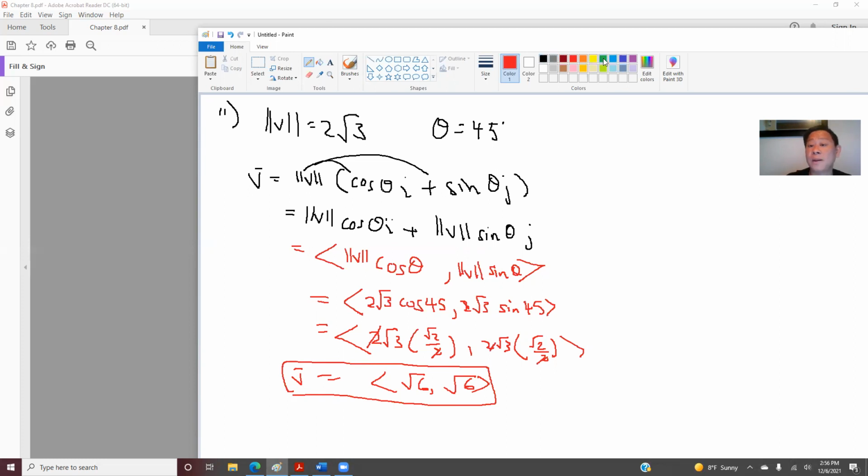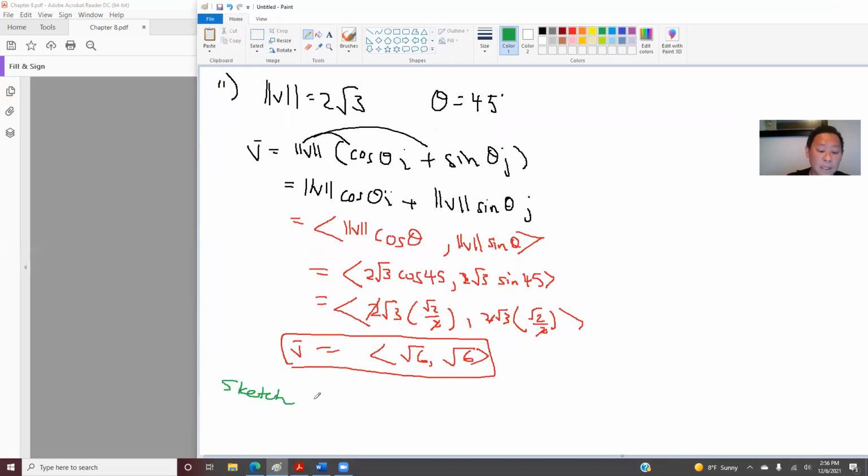And the question also wants us to sketch this. How do we sketch this? This is 0. From here to here is √6, and from here to here is also √6. So this is your sketch, your vector here.